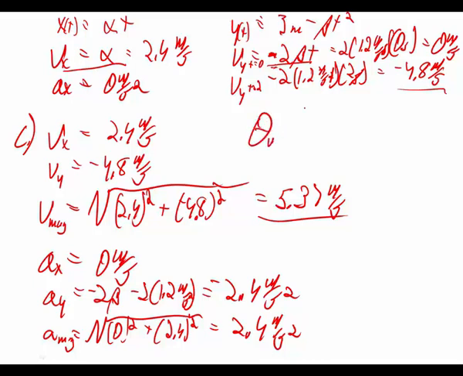Theta for velocity is going to be arctan of negative 4.8 over 2.4, and yes, you better put that negative in there. And we get a negative 63.4, which winds up being 296.6. And how do we know that?